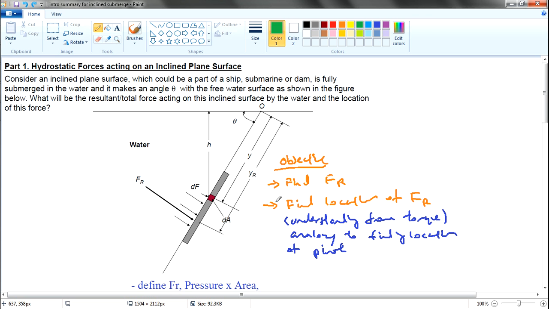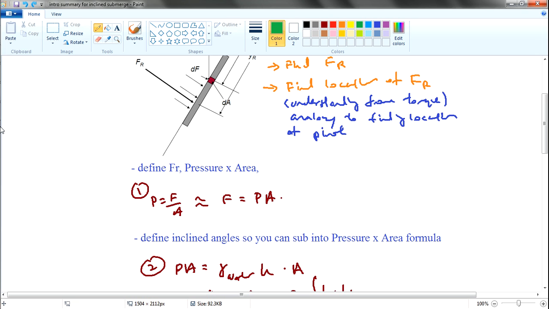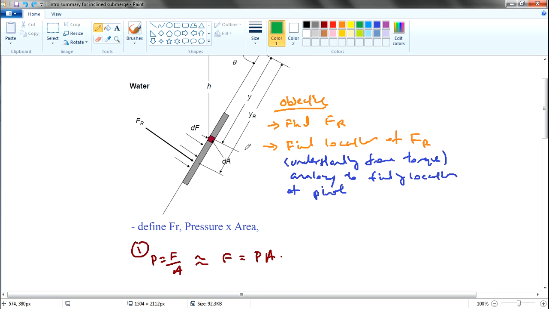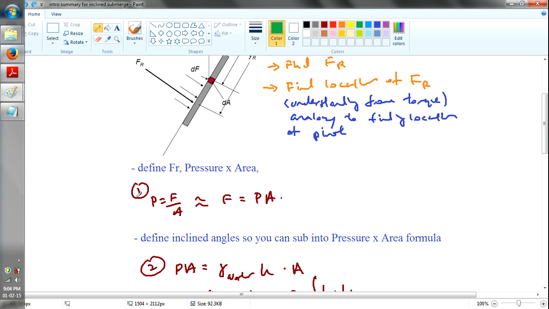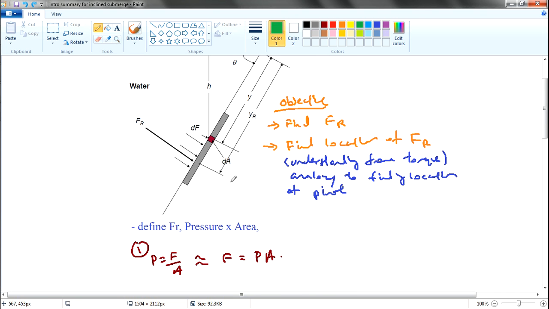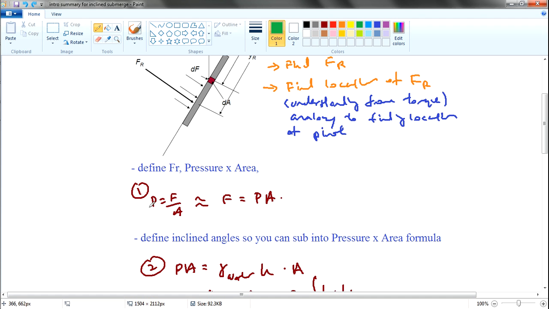So our first step is, I will write down, to define our FR, our force. As you know, pressure equals force over area, from topic 2. So in order to find force, you just bring the area upwards.